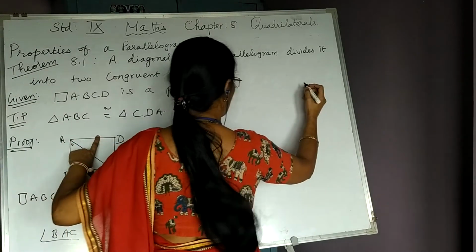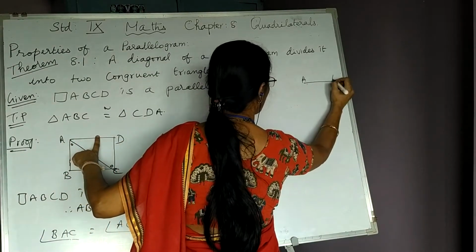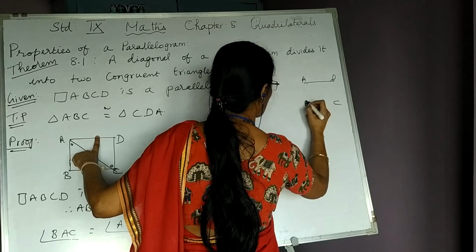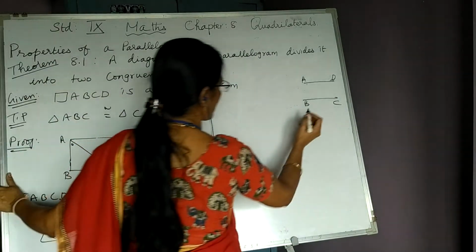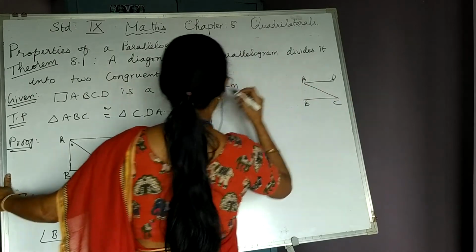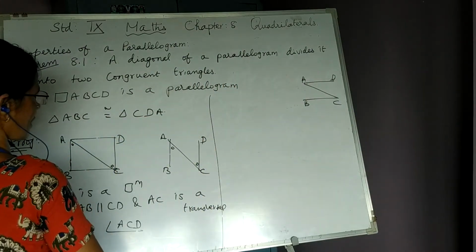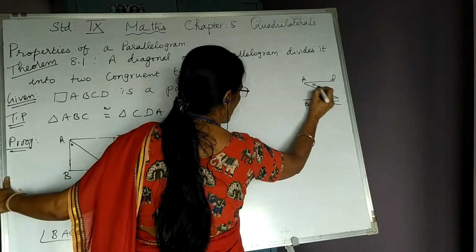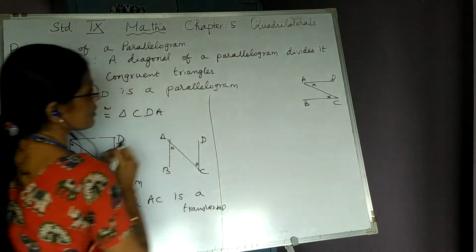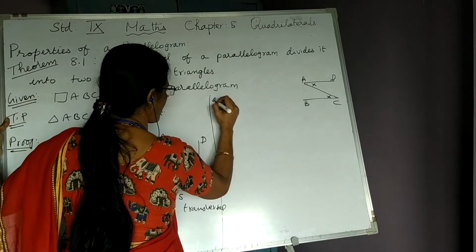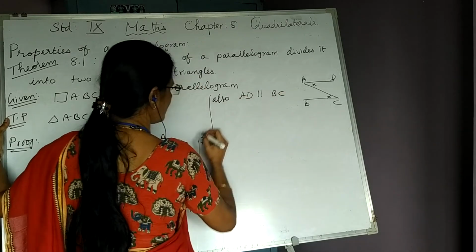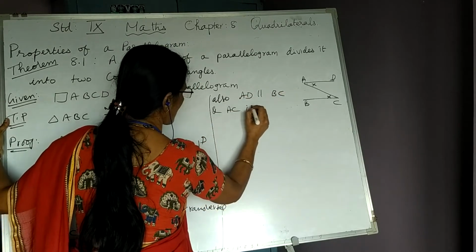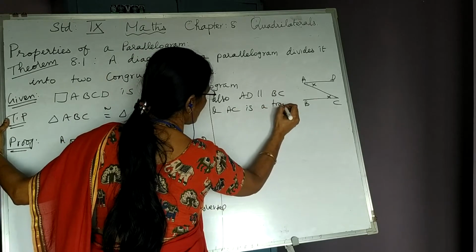AD is parallel to BC. We know both the pairs of opposite sides are parallel. Therefore, AD and BC are parallel. Again, this AC acts as a transversal. So these two angles are again what kind of angles? Alternate angles. So I write, AD is parallel to BC, and AC is the transversal.